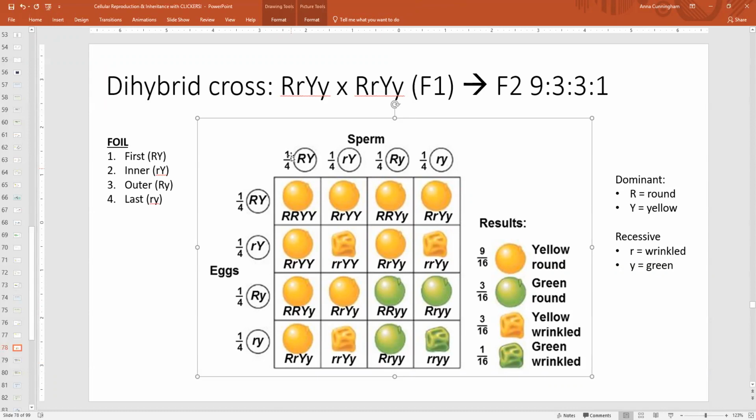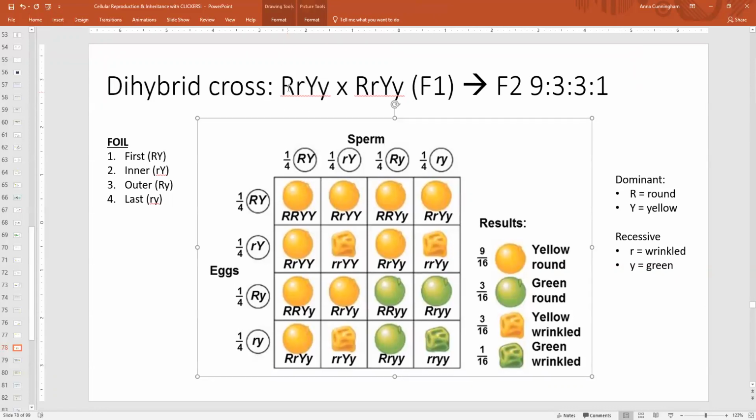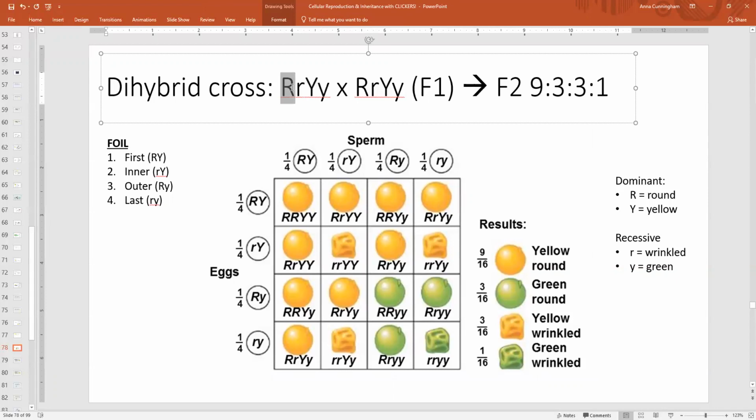We do FOIL. So FOIL is looking at just one of these, right? So let's say the sperm is coming from this individual. So we do FOIL. First would be capital R of the round or wrinkled genotype. So capital R versus, and the first, how do I select both of them?